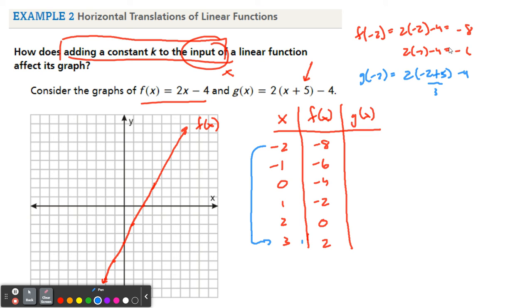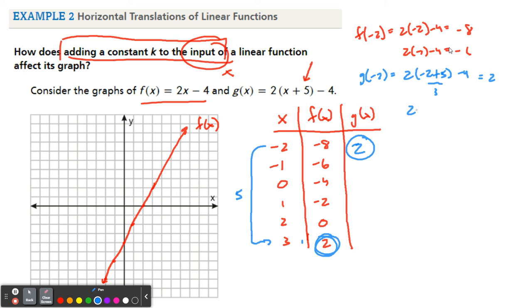Now we simplify: 2 times 3 is 6, and 6 minus 4 is 2. So when we plugged -2 into g of x, we got out the y value for f of x when you plugged in 3. The difference between -2 and 3 is a difference of 5. That's that change.